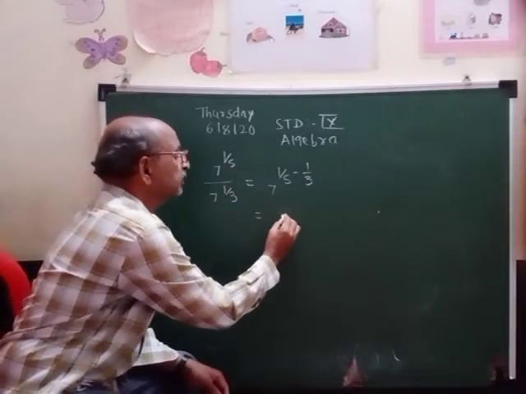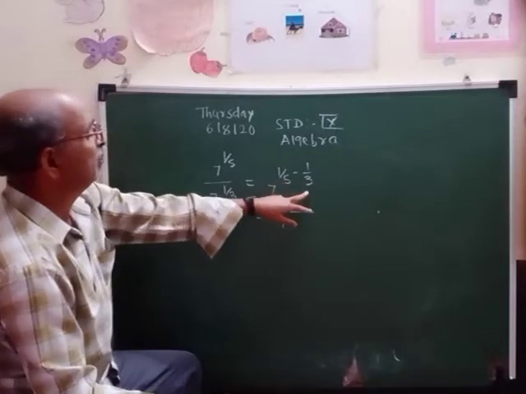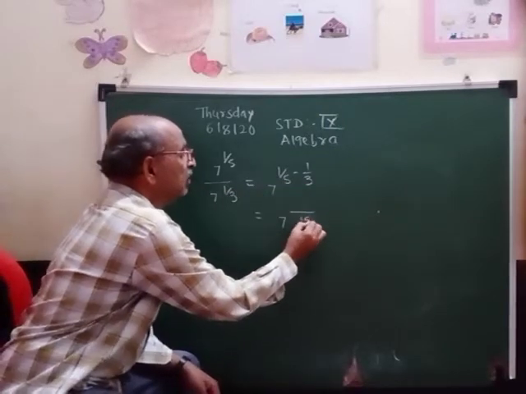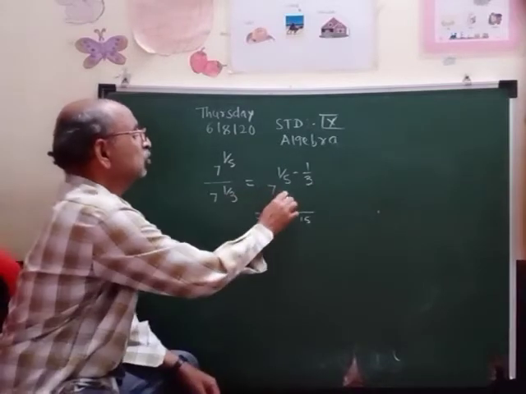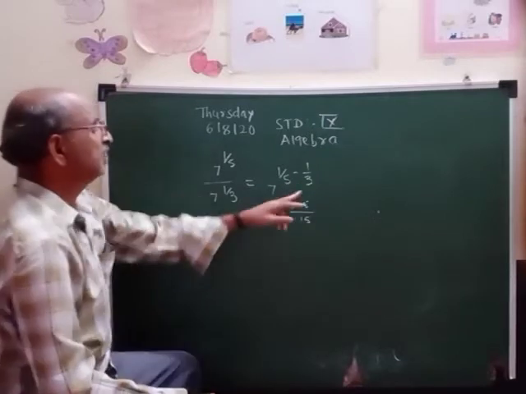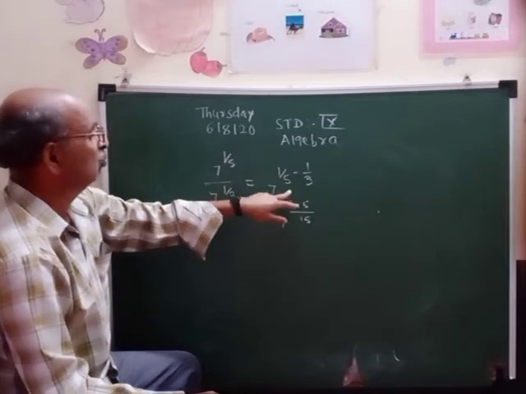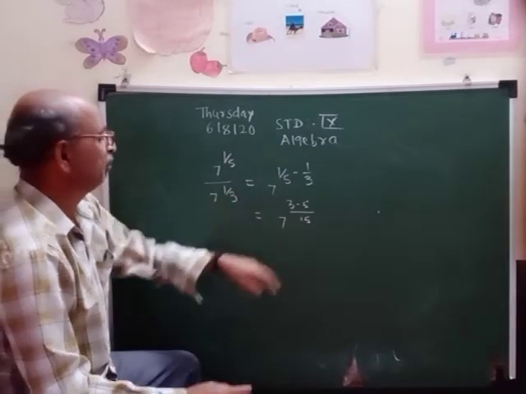Now here we have to find the LCM because the denominators are not same. So the LCM is 15. So here you have to multiply by 3 and here multiply by 5. 3 ones are 3, 5 ones are 5, or you can say we have done cross multiplication, upon the equal denominator, the LCM, that is 15.